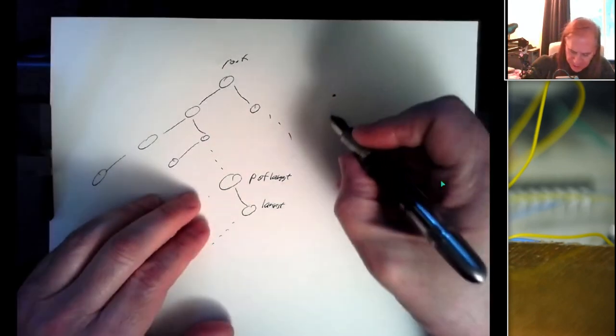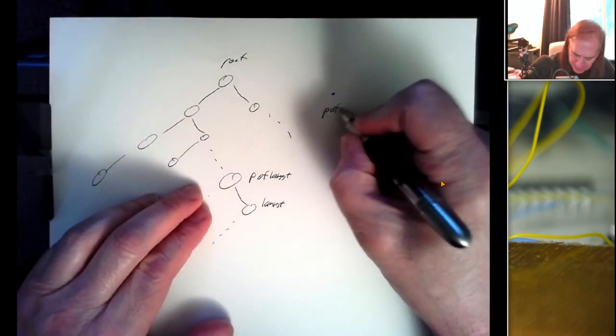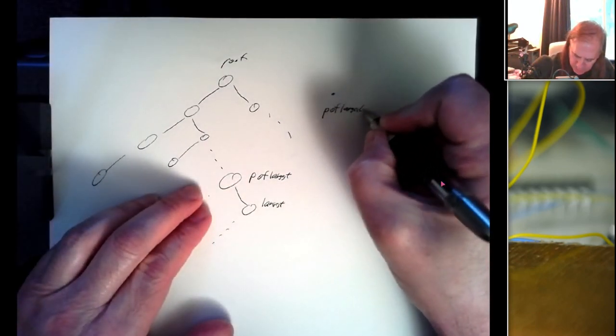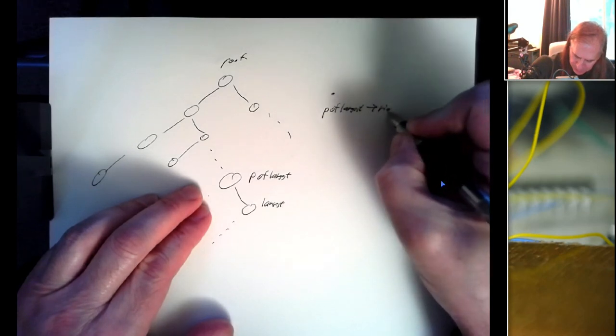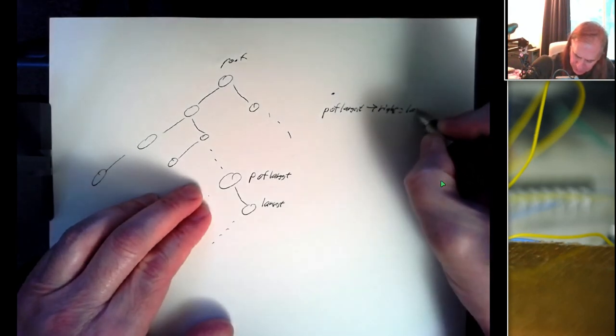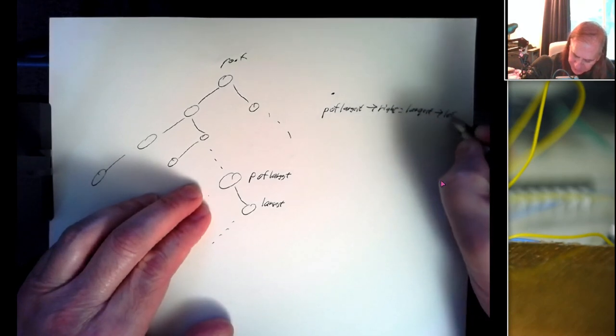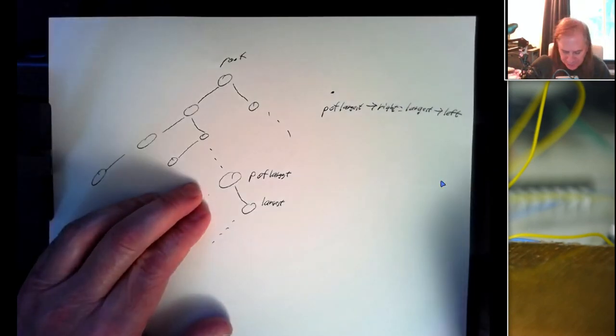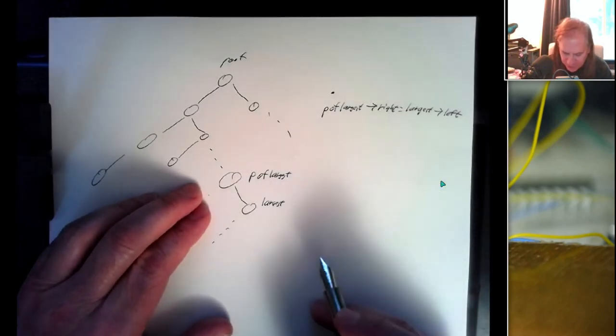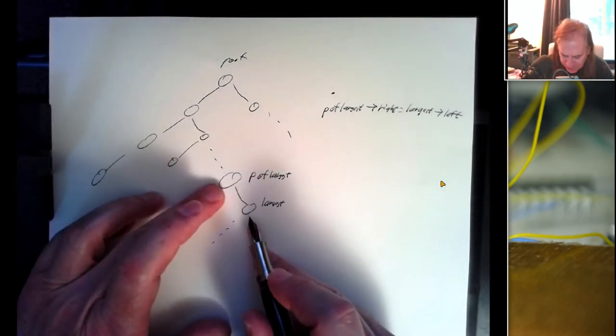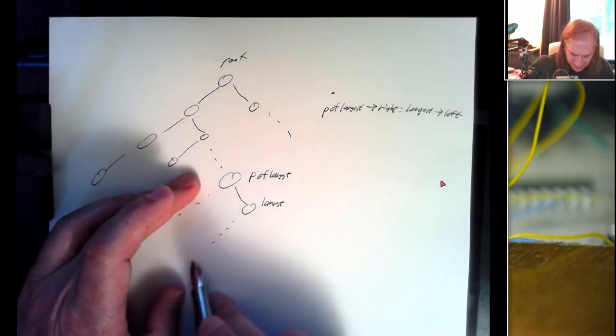So we could do something like this. Parent of largest on the right should equal whatever is on the left of the largest. So that one line of code, parent of largest right equals largest left, will take all this stuff hanging off the left.